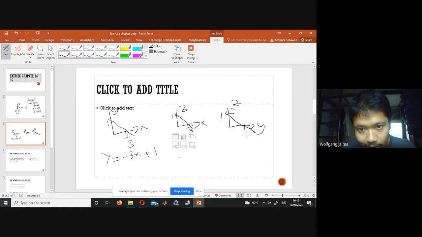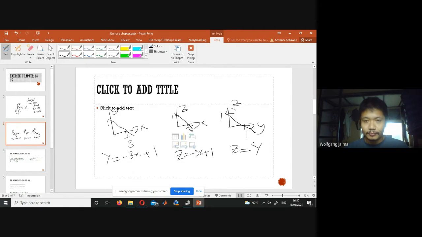This one also the same. z equals minus 3x plus 1. This one, z equals y.